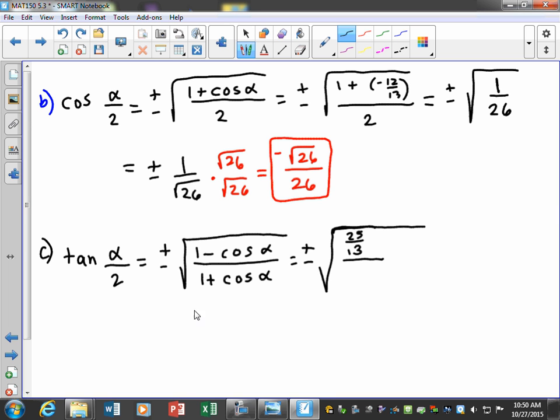And then go back and look at our 1 plus cosine alpha. When we simplified our numerator, what did we get? Yeah, it was just going to be 1 over 13 right here. That's the step I skipped, because this would be 13 over 13, and 13 minus 12 would be 1 over 13.